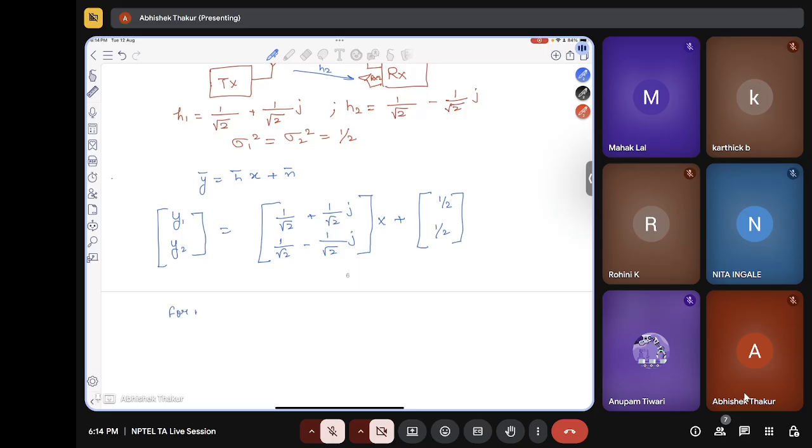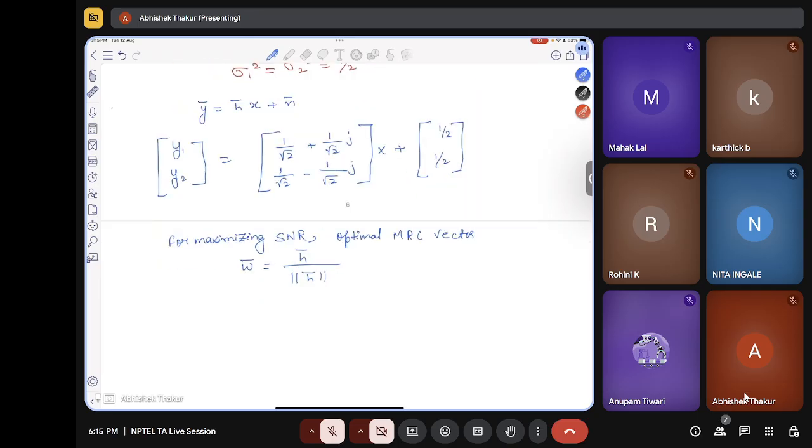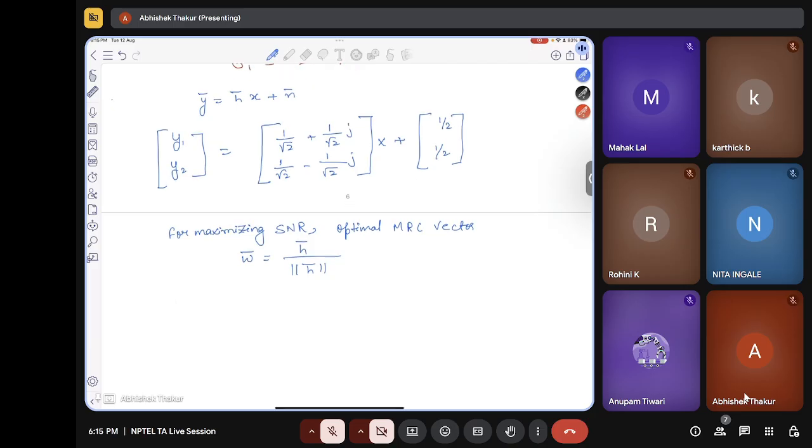So for maximizing SNR, the optimal MRC vector, maximal ratio combiner vector, W bar is H bar divided by magnitude of H bar. Okay, it is in the direction of the channel vector. So here the magnitude of vector H is given as the square root of mod of H1 square plus mod of H2 square.